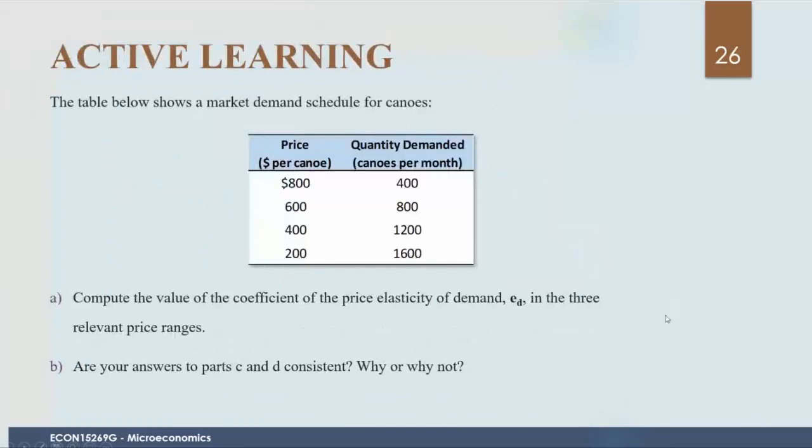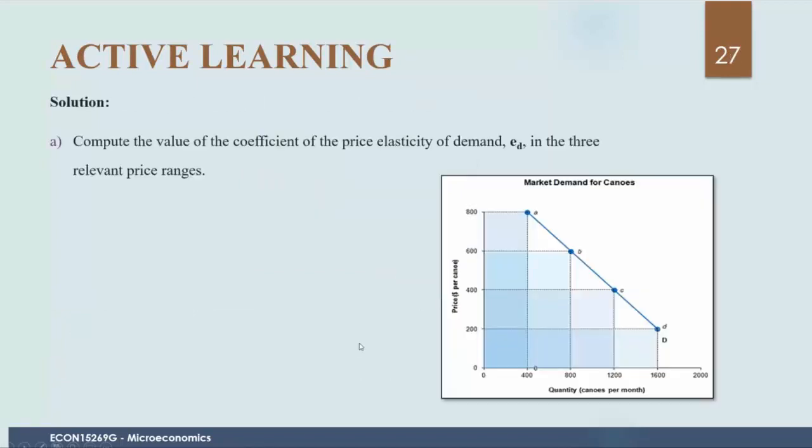So here again is our canoe example. Now it's just asking you to calculate the actual elasticity of demand. So let's look at between the price of 800 and 600, and how we calculate that.